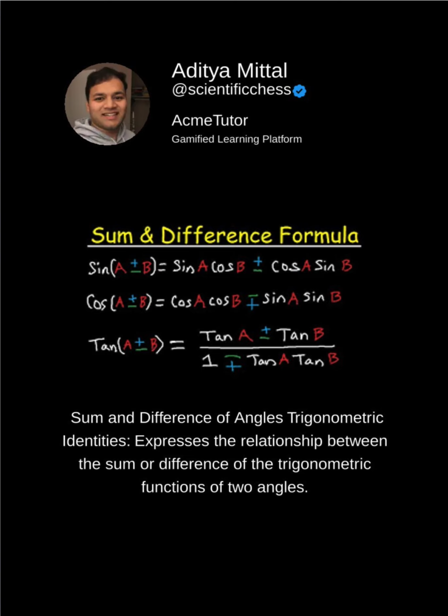And then you have tan of A and tan of B in both cases, but in the denominator you subtract it from 1. So that's the sum and difference formulas. Basically, when you want to take the sine of the sum of two angles, or the sine of the difference of two angles, that's when you want to use the sum and difference formulas.